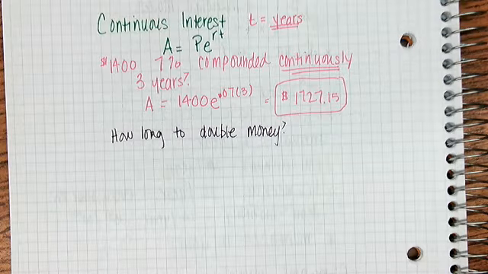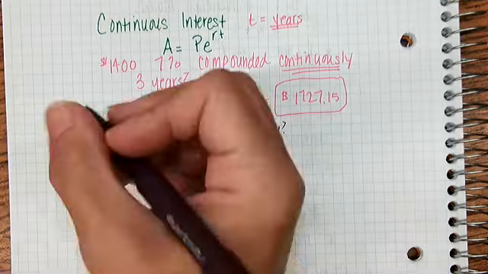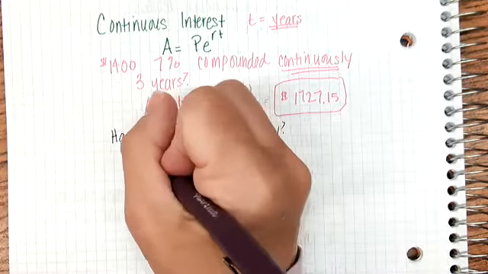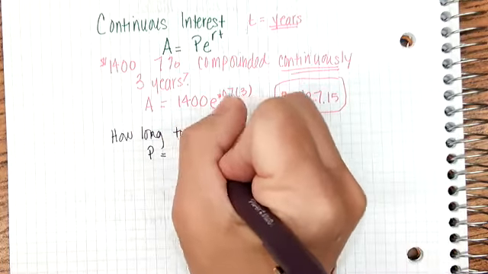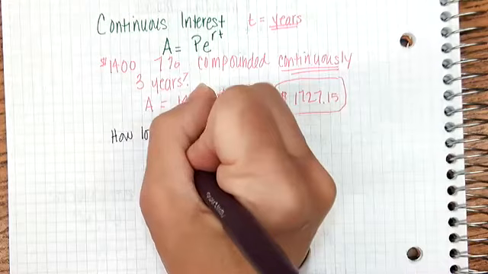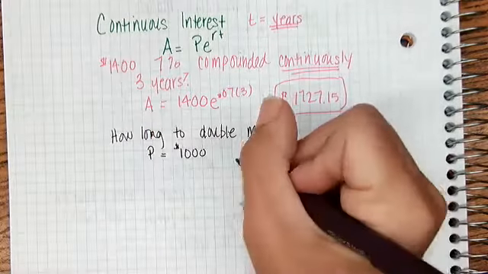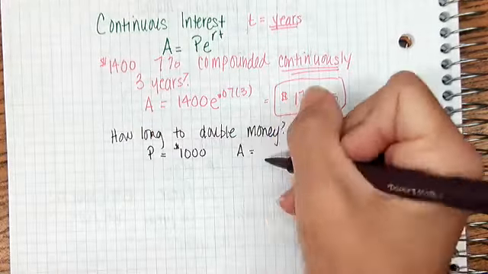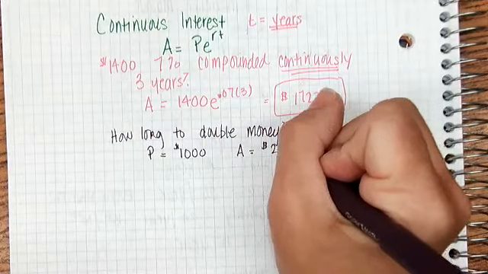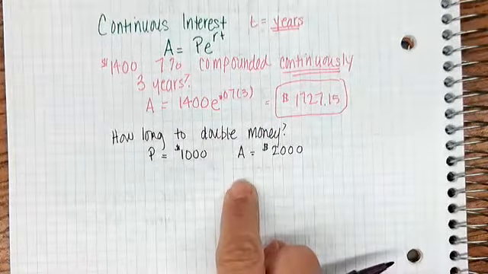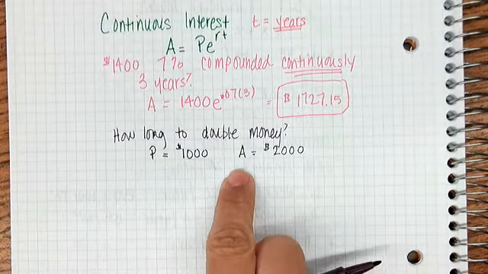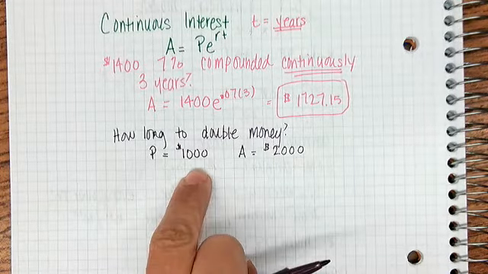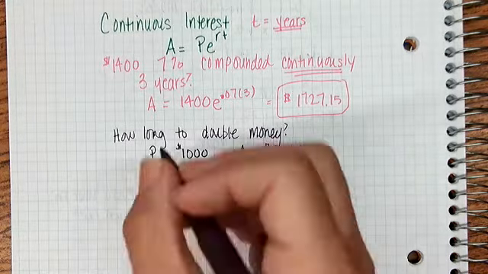So let's just say my starting amount is $1,000. So if I want to double my money, that means my A should be 2,000. How much I want to end up with, your ending amount. That's how I always look at it.